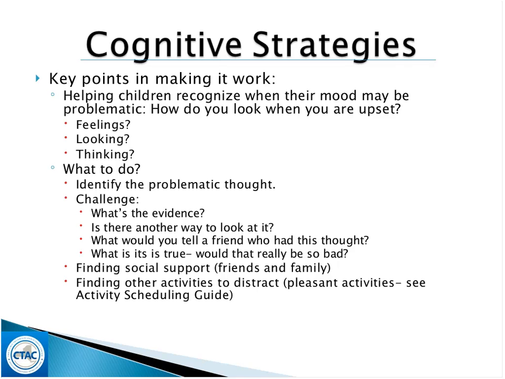So many maladaptive cognitions, even if they are true, are often not the end of the world. And it's important for clients to recognize that even when bad things happen, they don't mean that the world is going to end. And that's often a maladaptive cognition for a lot of people with depression.